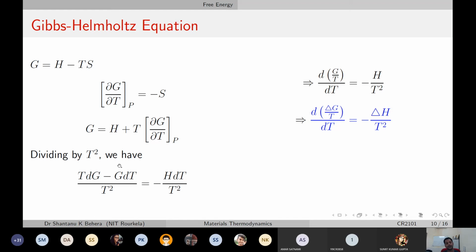And this you can put in the form of a differentiation of y by x, which gives you d of G by T over dT is minus H by T squared.